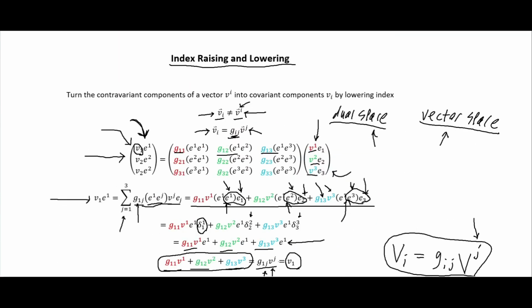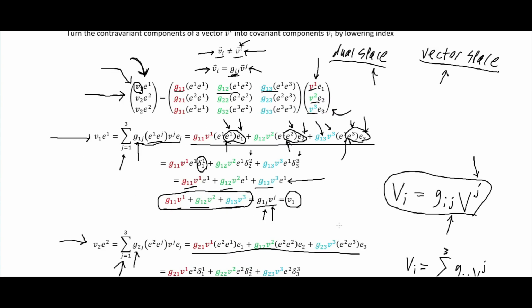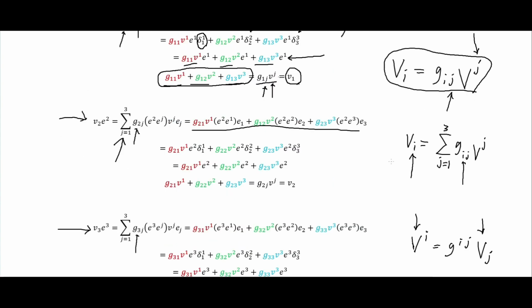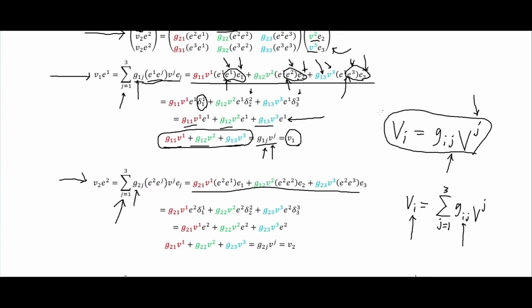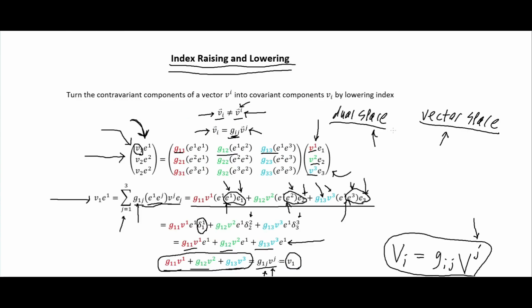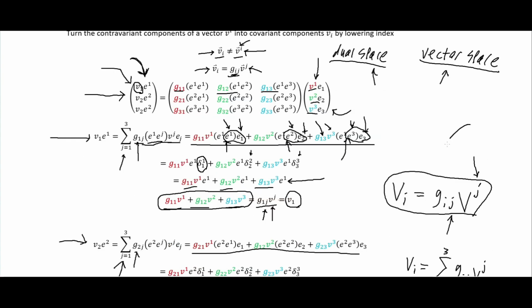But anyway, I hope you found this video helpful on the index raising and lowering. I tried to dig into the meat of it a little bit here, looking at these explicit summations and so forth, where it seems to me that a lot of sources just go through this and say, oh yeah, you can raise and lower indices, and isn't that interesting?